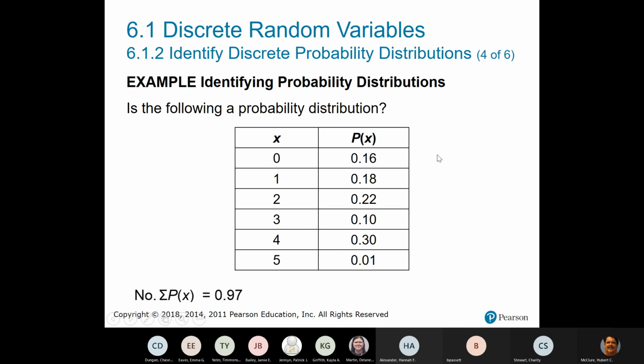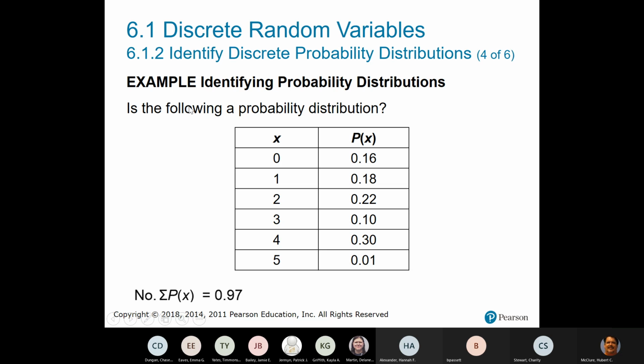So if you got this on a test and the answers were the mean is equal to 0.2, or the probability distribution exists, or the probability distribution does not exist, you would say the probability distribution does not exist because this added up does not equal 1. So that would be a good standardized test question. And the answer is the probability distribution does not exist.